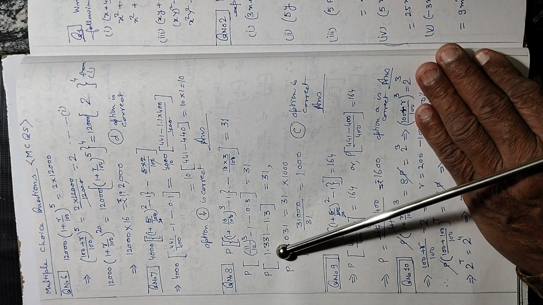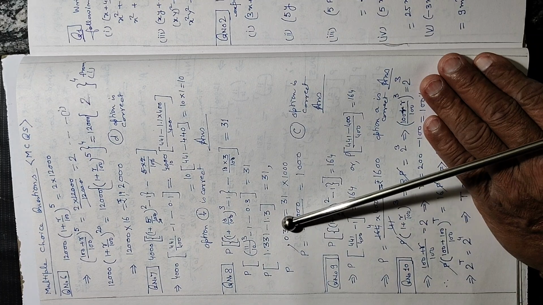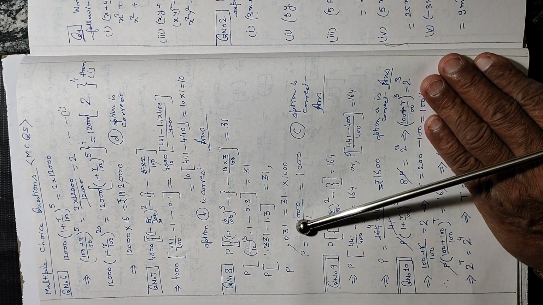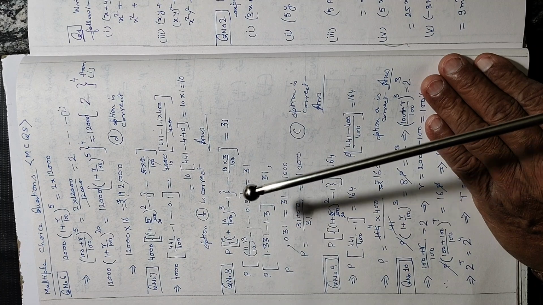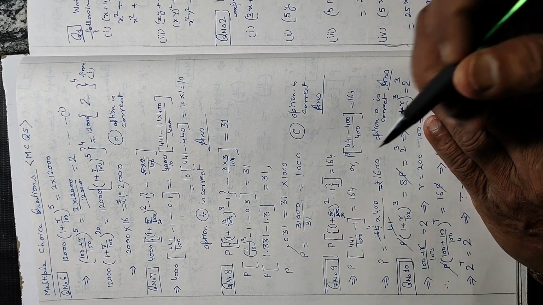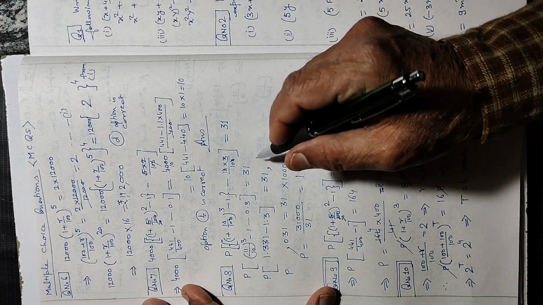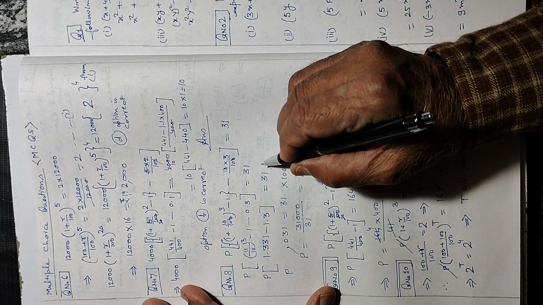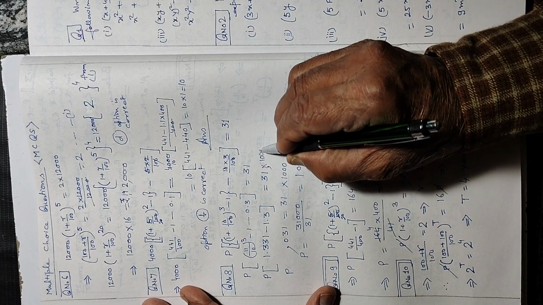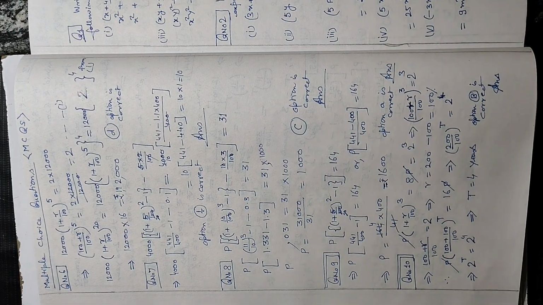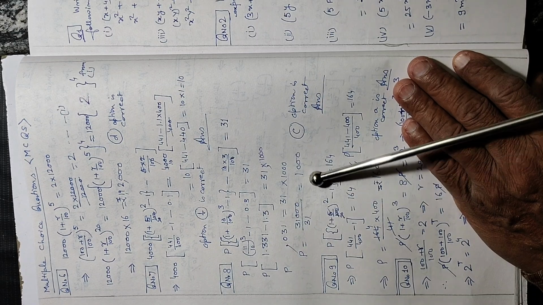So we solved this: 1.331 minus 1.3. Now see what we did here, minus 1.3, so 0.031 came. And we divided it, since the cube of 10 was here. So the principal will be equal to 31,000 divided by 31, it will be equal to 1,000.